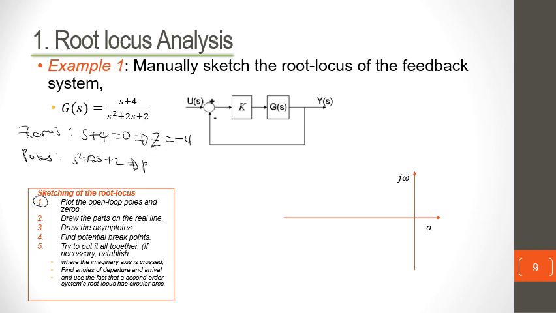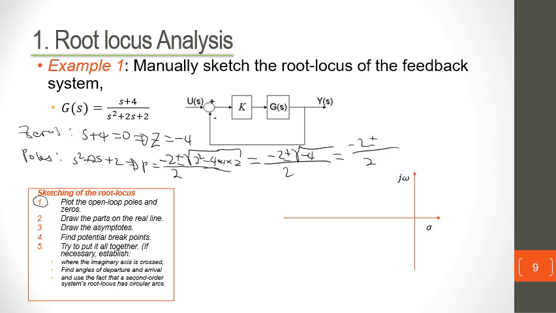We can solve for these poles because this is going to be minus b, which is 2, divided by 2a, plus or minus the square root of 2 squared minus 4 times a, which is 1, times c, which is 2. If you calculate this, we get minus 2 over 2, plus or minus the square root of 4 minus 8, which is negative 4.